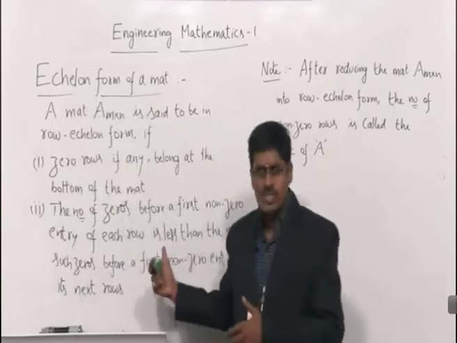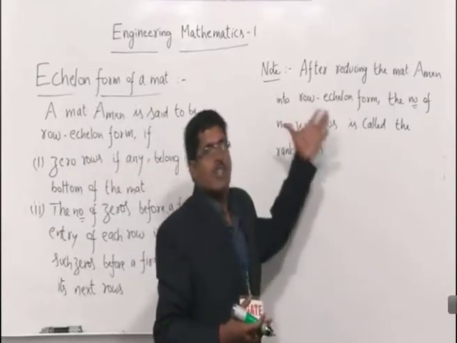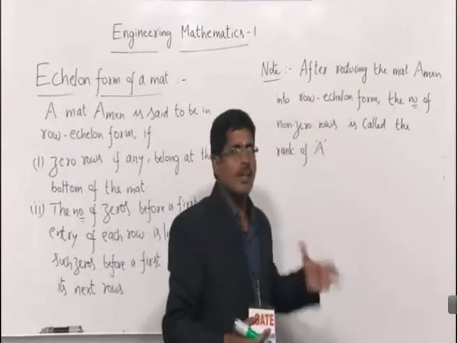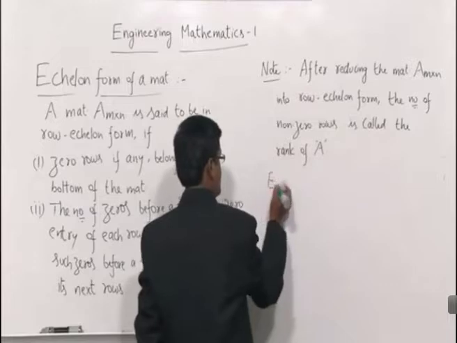By doing these two steps, you will get the row echelon form. Then what is the advantage? To determine the rank of the matrix, you determine the number of non-zero rows. Okay, just see the example.